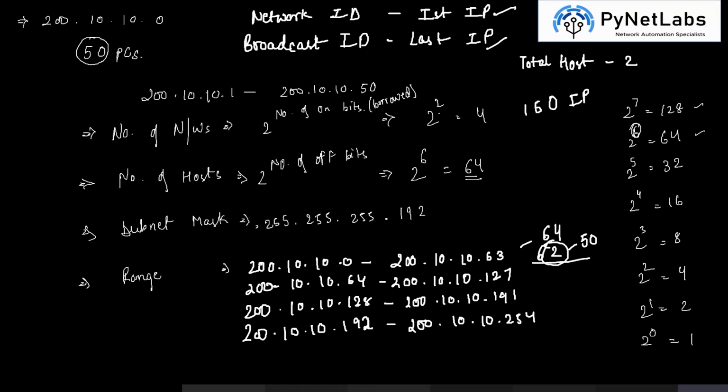Let's say in case in future you connect some more PCs in the lab, then you can use the rest of the IPs there. Okay, so now let's understand this more specifically with a different example, and let's see how it works.